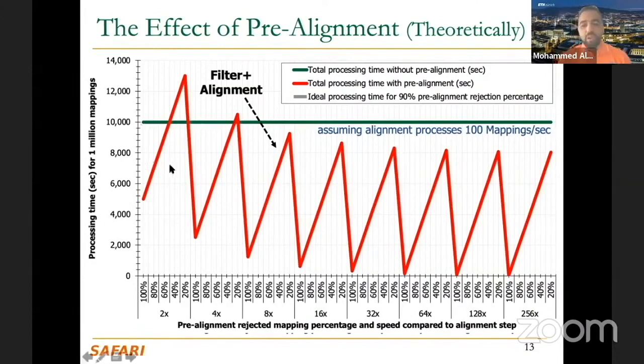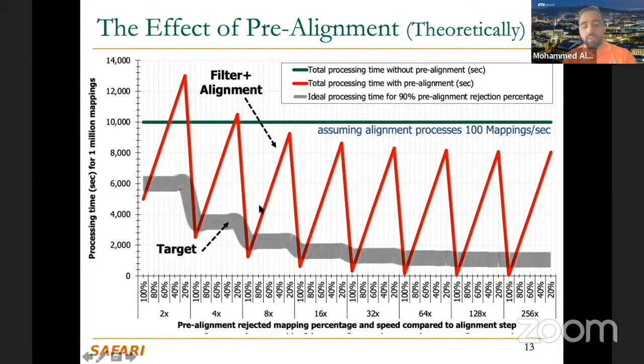Our goal is always to be in this area, to be as far as possible from the execution time of the sequence aligner we use, right? So we always want to be in this area. That is to say, we want to reject most of the pairs and have the fastest performance possible out of the filter.